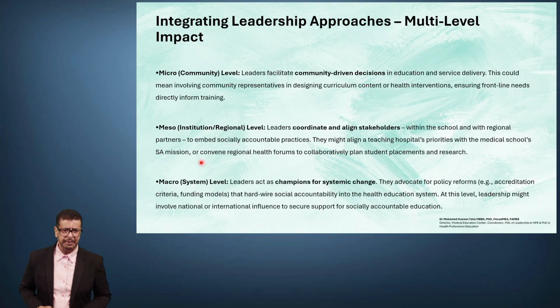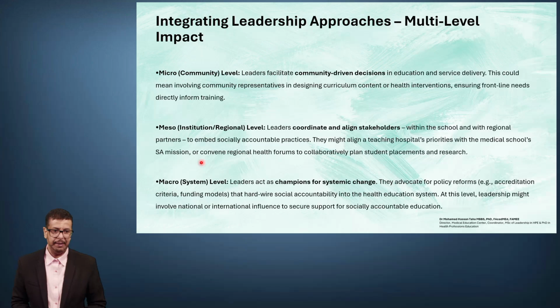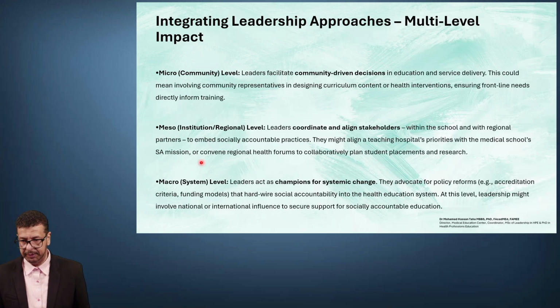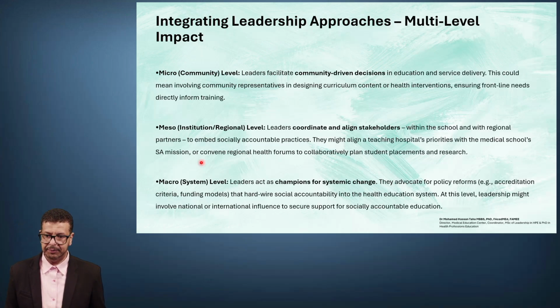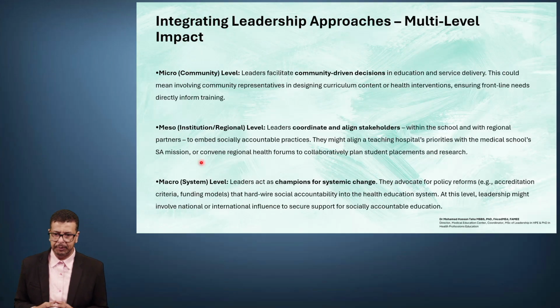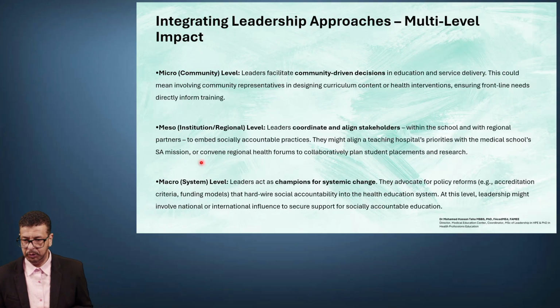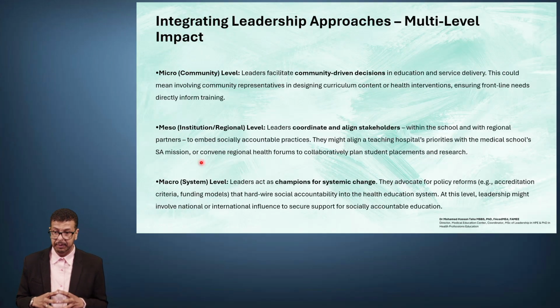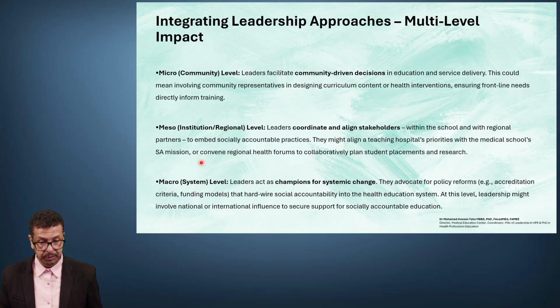And at the macro level, system level, leaders can act as champions for systemic change. They advocate, for example, for policy reform at the system level, changing the accreditation standards through the national committees. This is very important because at this level, leadership might involve national or international influence on social accountability at the country level or at the regional level.